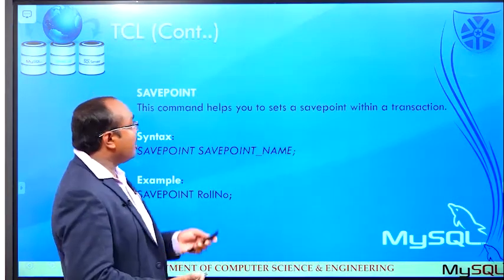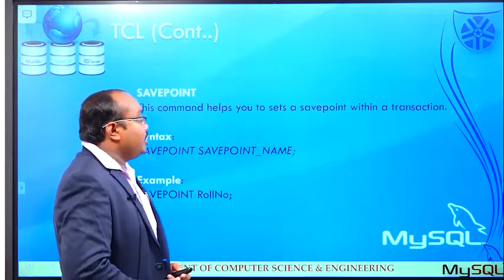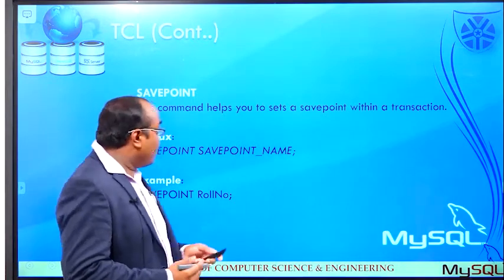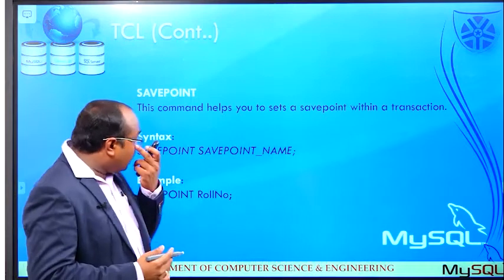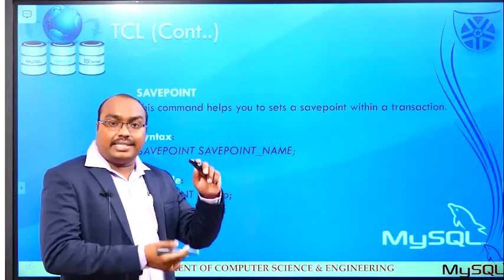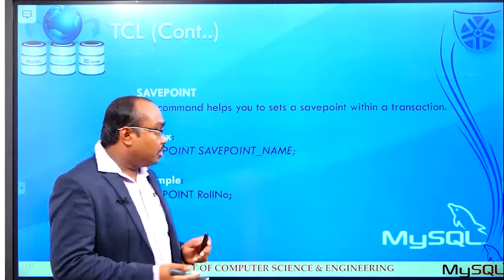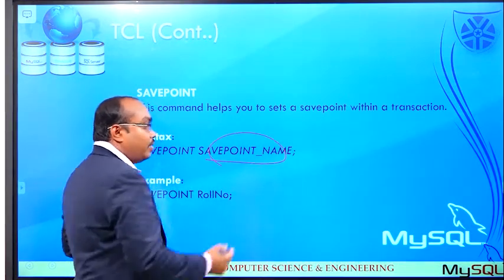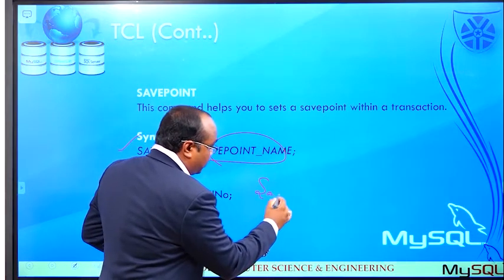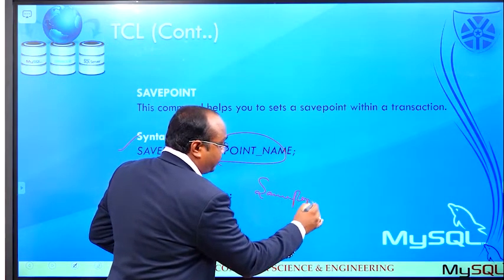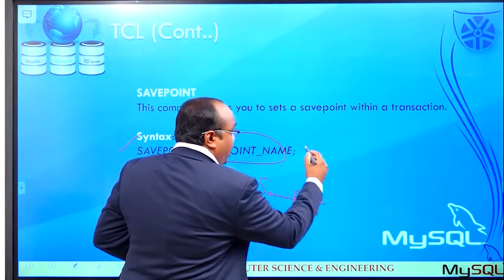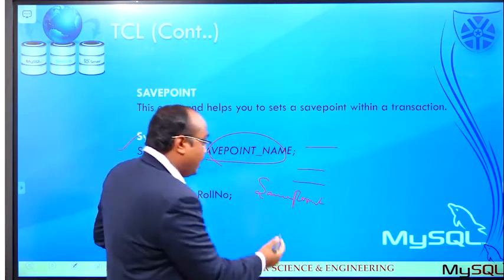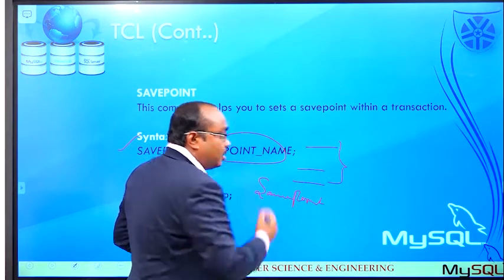And the next one, savepoint. This command is used to set save points for the transactions. These save points are used to save particular transactions at a particular point of time. So the syntax is savepoint name. For example, savepoint. Here in the previous steps, a number of transactions were done. Next, I will save these transactions.